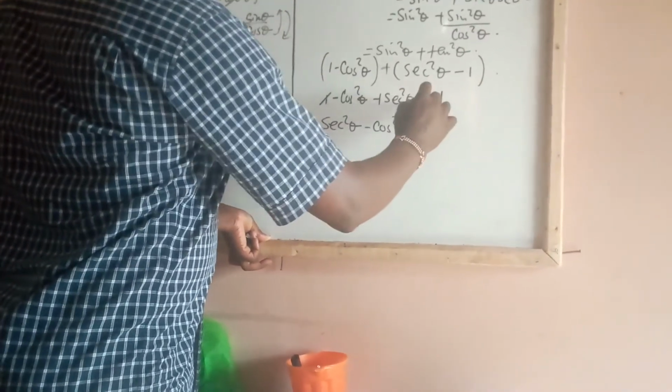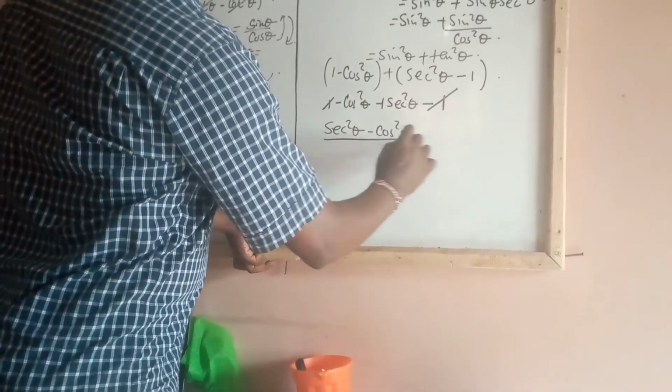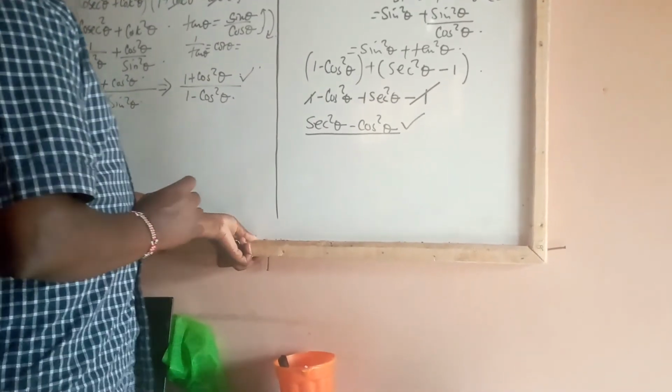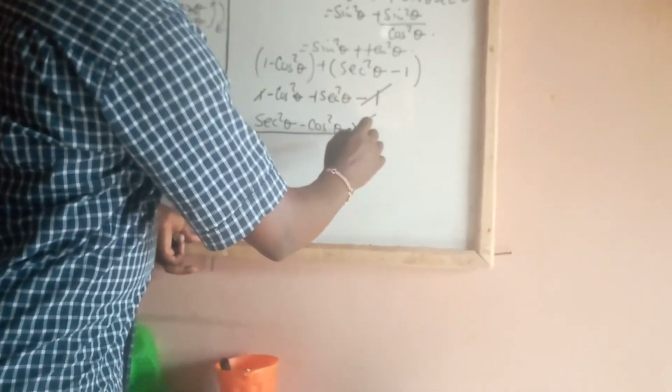The 1 and the negative 1 cancel out, and we are left with sec squared theta minus cosine squared theta, which is the left hand side.